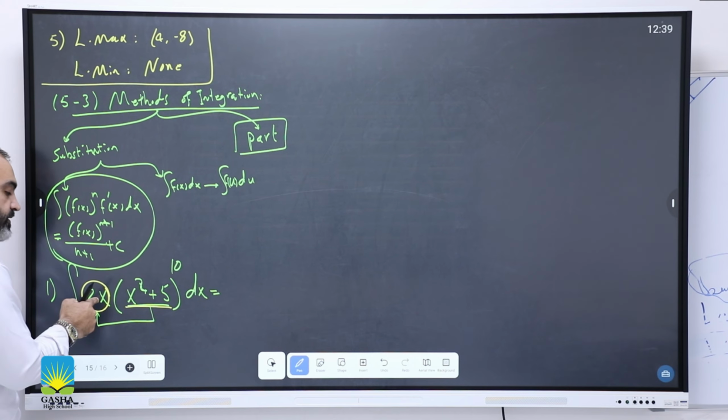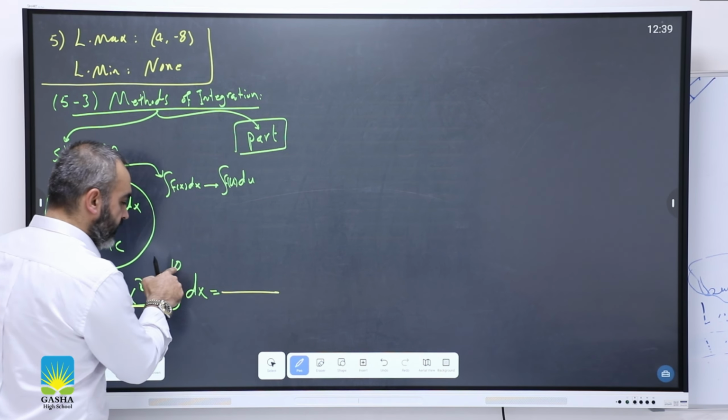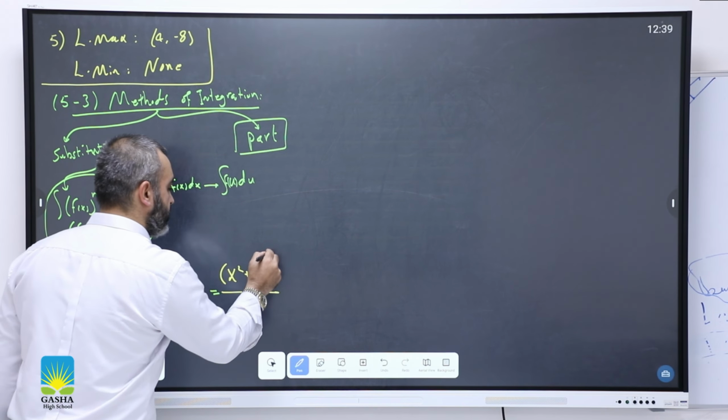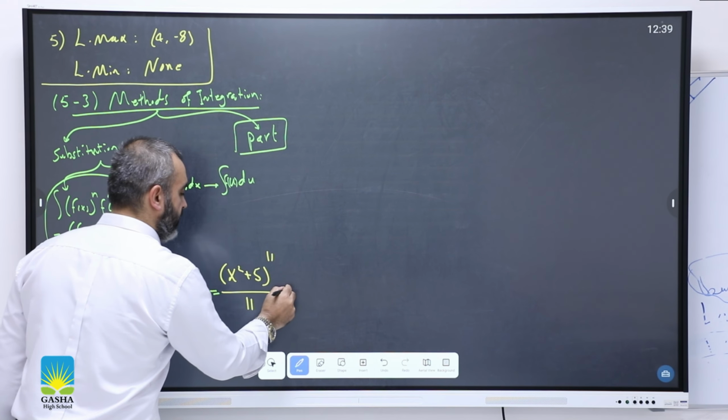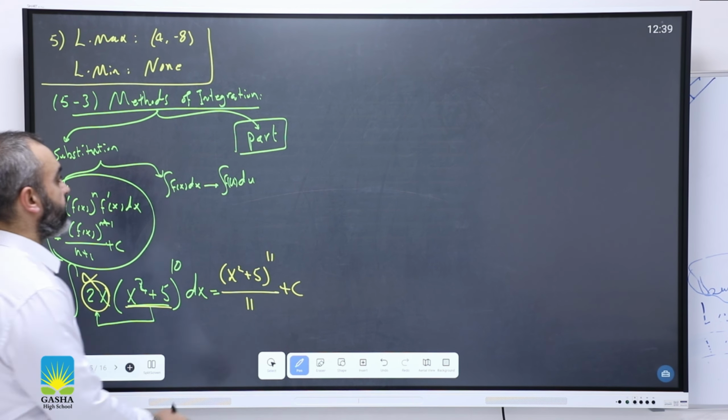So we cancel the 2x, and we add 1 to the 10: x squared plus 5 to the power 11 over 11, plus c, right? We always cancel the derivative of the inside of the bracket.